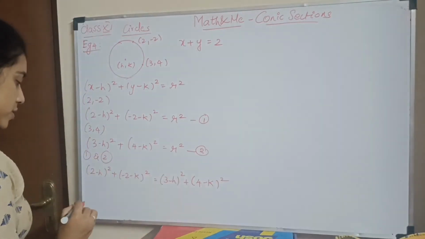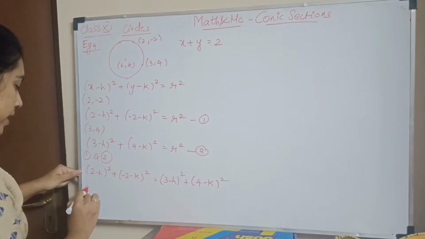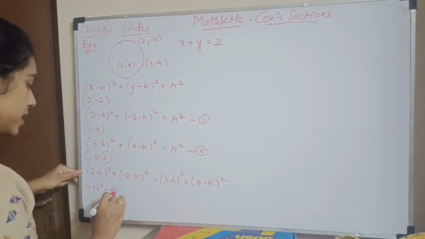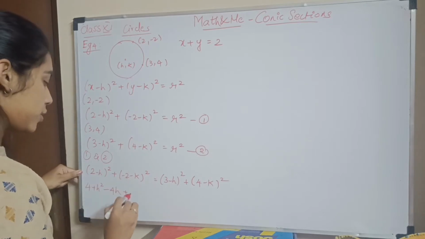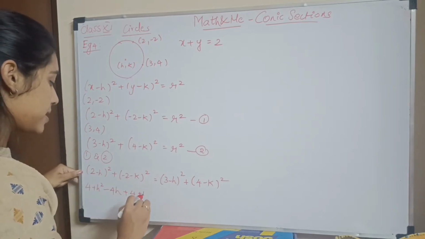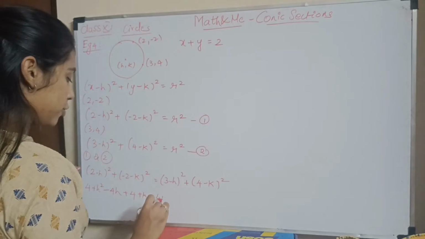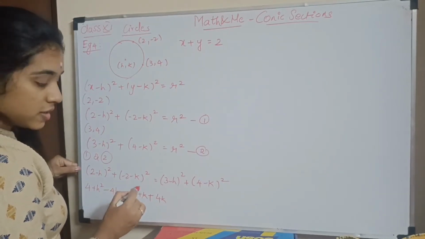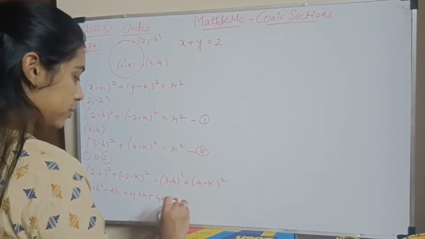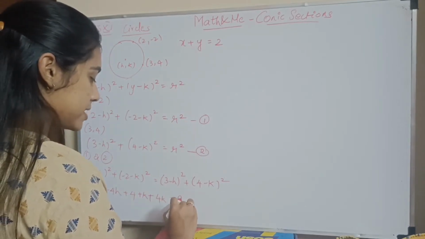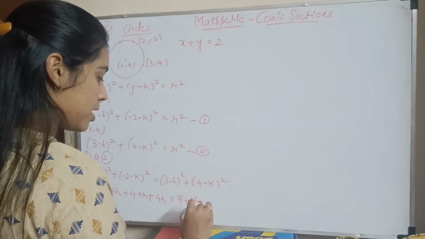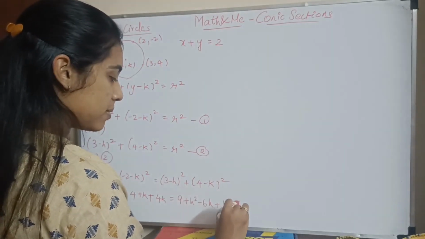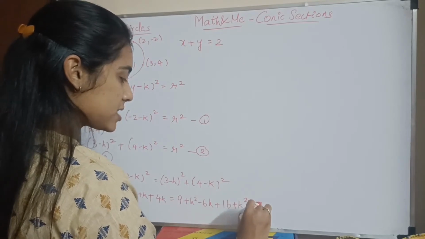So when I open the squares, what do I have? (a minus b) the whole square is a square plus b square minus 2ab, which is minus 4h. Plus, when I open this, what do I have? a square plus b square minus 2ab, 2 times minus 2 into k, so it becomes plus 4k. Equals (3 minus h) the whole square, which is 9 plus h square minus 6h, plus 16 plus k square minus 8k.